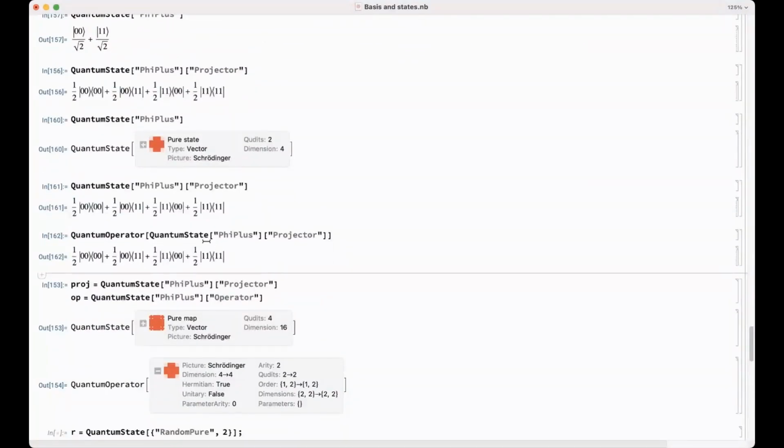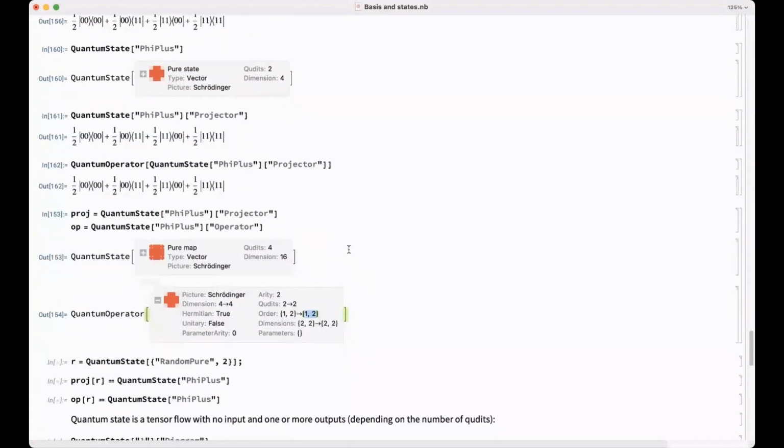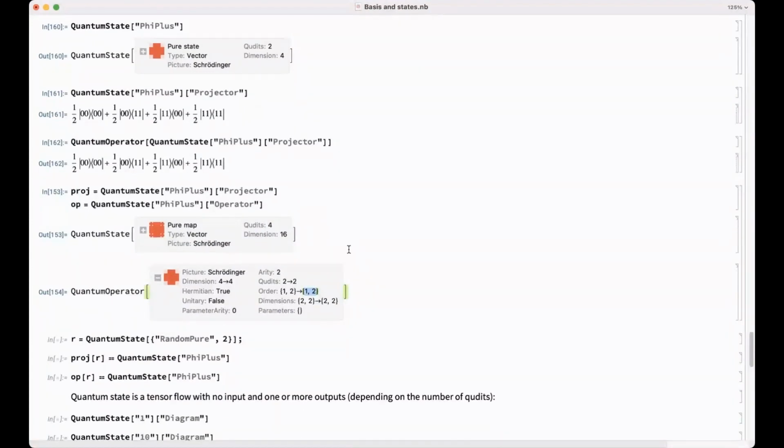Sometimes it's just very useful to work with quantum states instead of quantum operators that also have this additional order thing in relation to circuits. All right, maybe we will discuss it a little bit more in detail later.